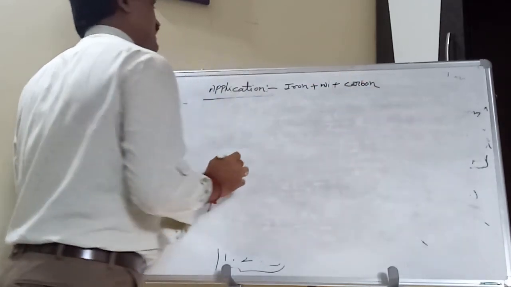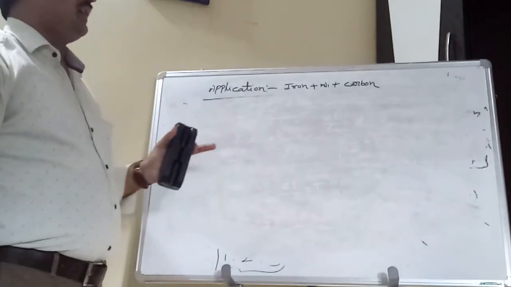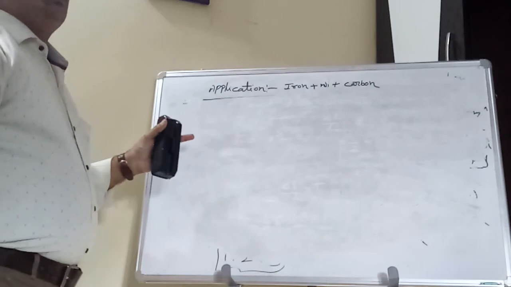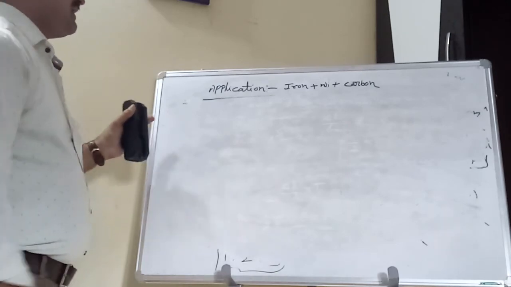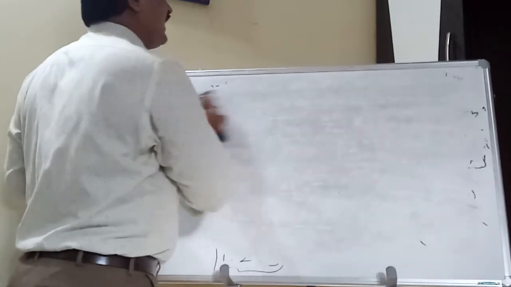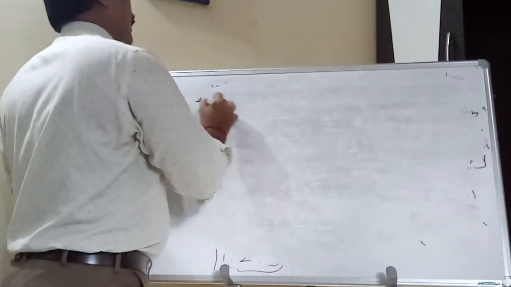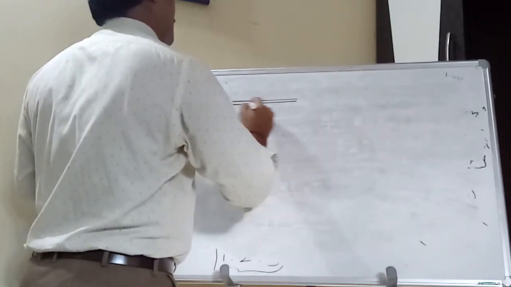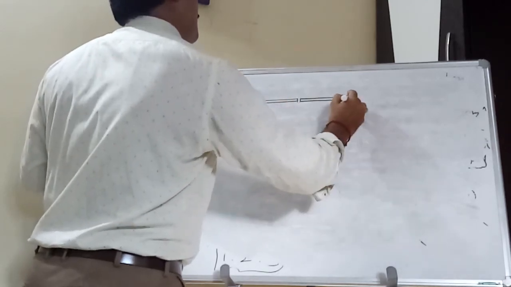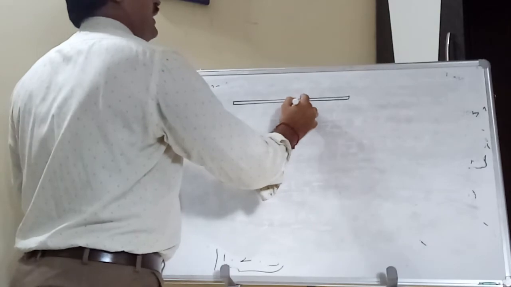Invar metal is used in watch wheels, simple pendulums and meter scales. Meter scales are also made of Invar steel. Next, in rails, a small gap is maintained between the two rails.